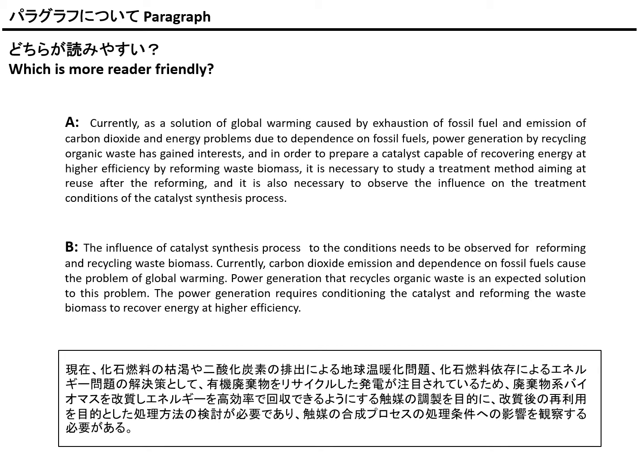Actually, example A is a direct translation of Japanese, which is shown below. If you cannot understand Japanese, it's okay, but what I would like you to do is try to read this sentence: currently as a solution of global warming caused by exhaustion of fossil fuel and emission of carbon dioxide and energy problems.